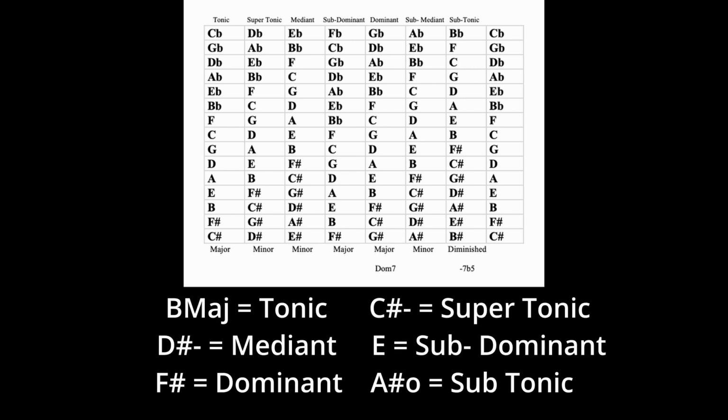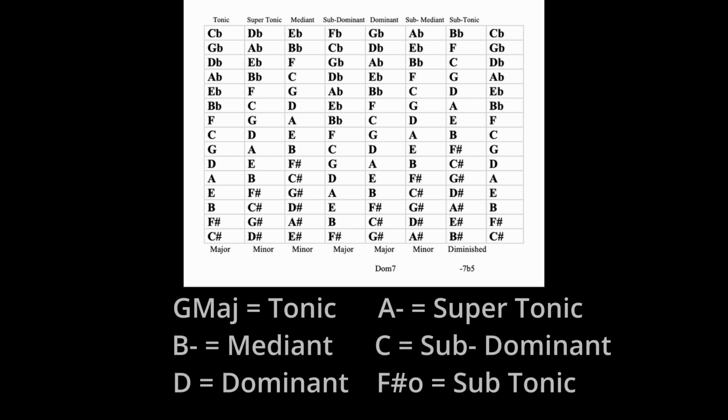In the key of B, B major is the tonic chord, C sharp minor is the supertonic chord, D sharp minor is the median chord, E is the subdominant chord, F sharp is the dominant chord, and A sharp diminished is the subtonic chord or leading chord. In the key of G, G major is the tonic chord, A minor is the supertonic chord, B minor is the median chord, C is the subdominant chord, D is the dominant chord, and F sharp diminished is the subtonic chord. This leaves only the sixth chord degree.